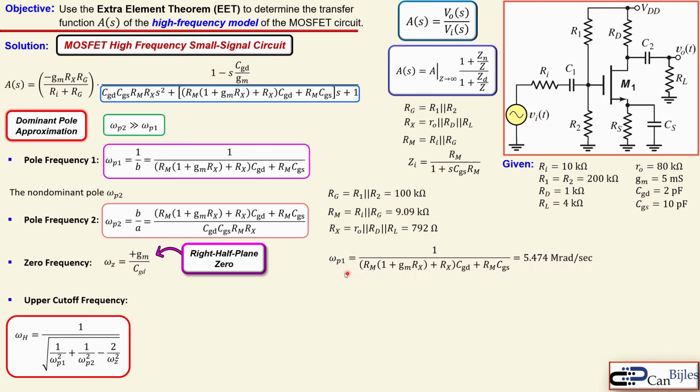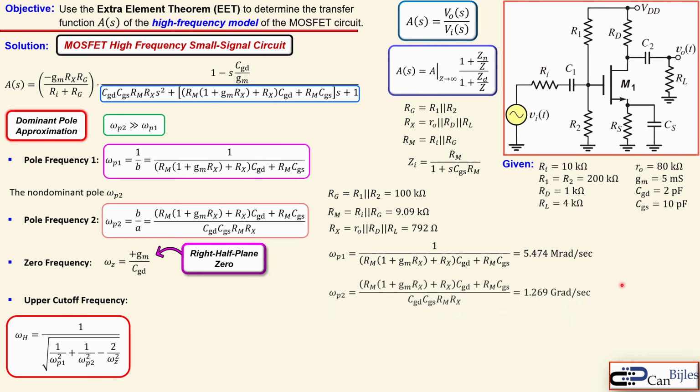I also have my omega P1 from here, and now I can use this parameter B and then calculate omega P1. I will use all the parameter values I have here. It gives me 5.474 mega radians per second. The non-dominant pole omega P2 can be calculated using the formula here for pole frequency 2. You substitute the values and you get 1.269 gigaradians per second.